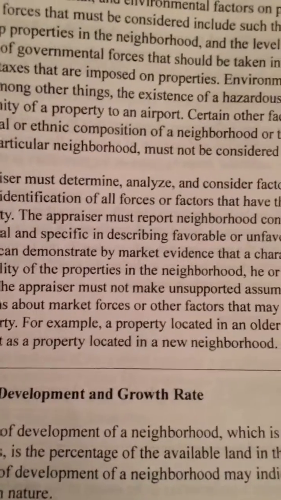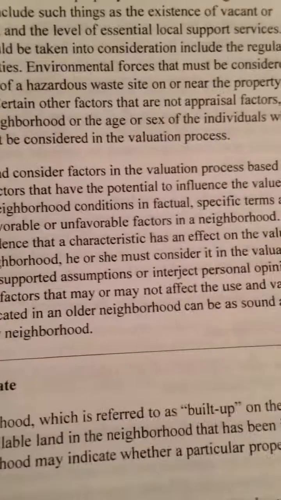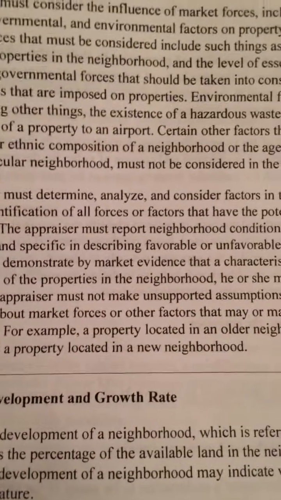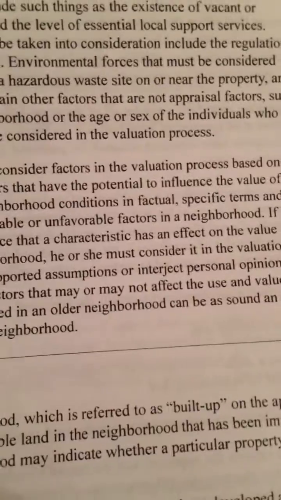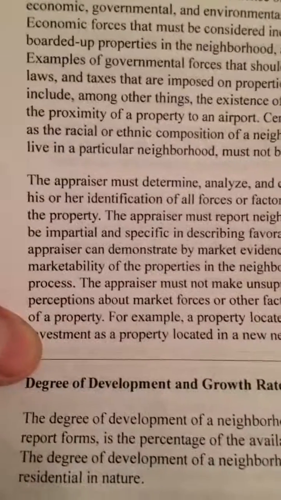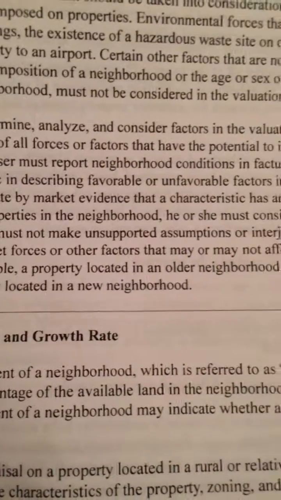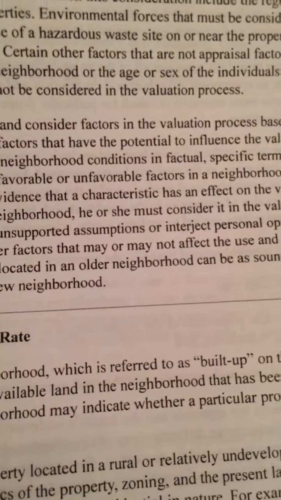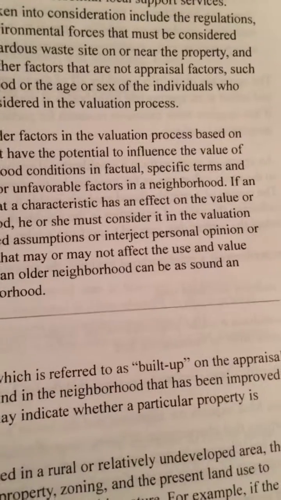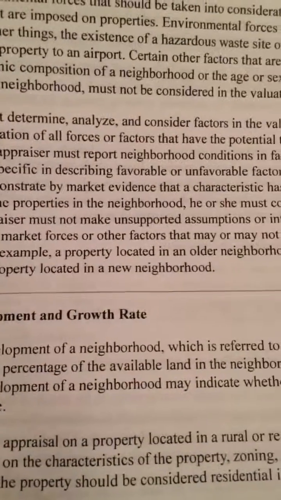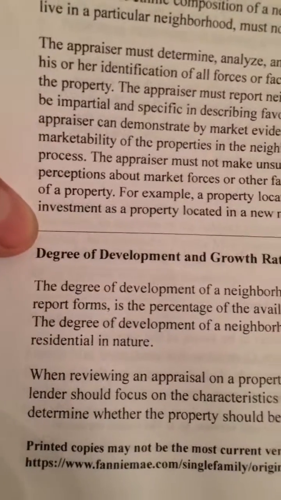The appraiser must not make unsupported assumptions or interject personal opinion or perceptions about market forces or other factors that may or may not affect the use and value of a property. For example, a property located in an older neighborhood can be as sound an investment as a property located in a new neighborhood. Degree of development and growth rate.